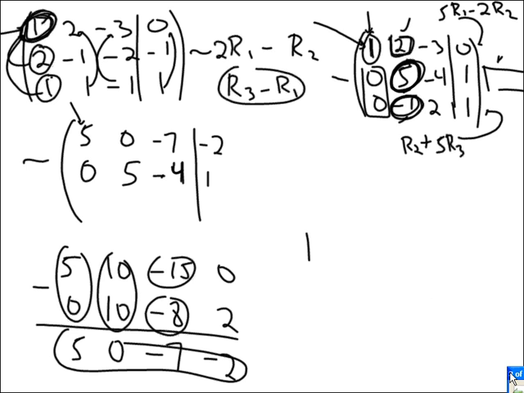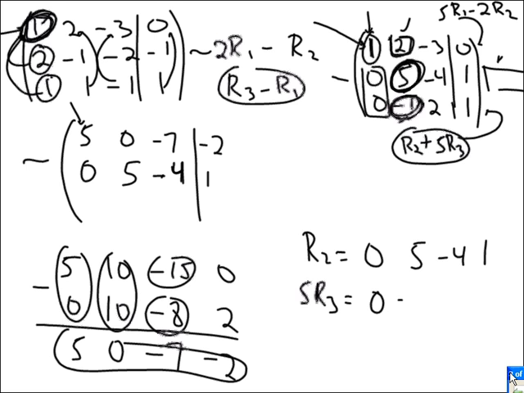Okay. Row 2, I'm doing this here now. Row 2 is 0, 5, negative 4, 1, and 5 times row 3: 5 times 0, 5 times negative 1, 5 times 2, and 5 times 5.